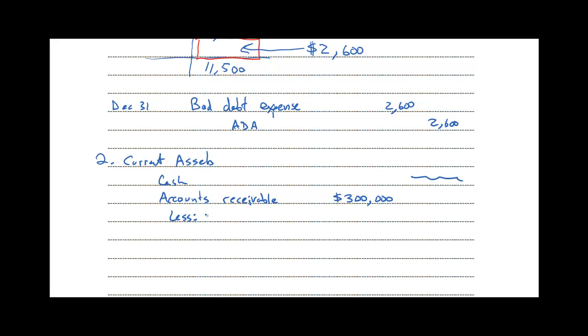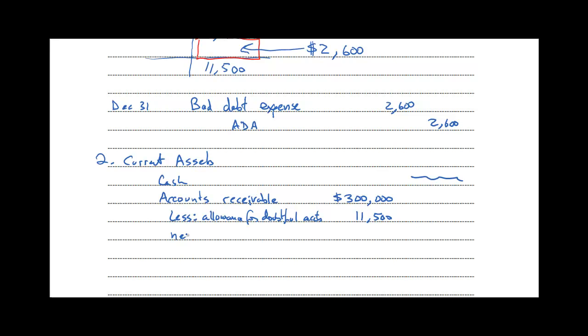less allowance for doubtful accounts. I'm not actually abbreviating here, just squishing it all in. And that was 11,500.